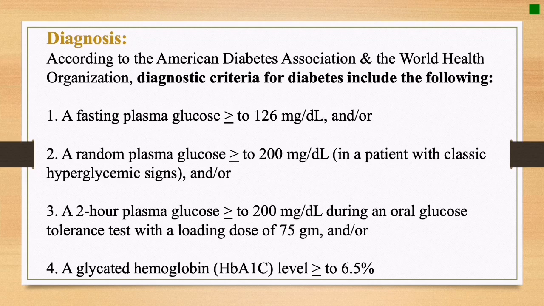According to the American Diabetes Association and the World Health Organization, the diagnostic criteria for diabetes include the following: a fasting plasma glucose greater than or equal to 126 mg per deciliter, and/or a random plasma glucose greater than or equal to 200 mg per deciliter in a patient with classic hyperglycemic signs, and/or a 2-hour plasma glucose greater than or equal to 200 mg per deciliter during an oral glucose tolerance test with a loading dose of 75 grams, and/or a glycated hemoglobin level, hemoglobin A1C, greater than or equal to 6.5%.